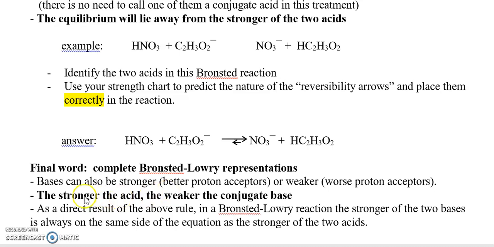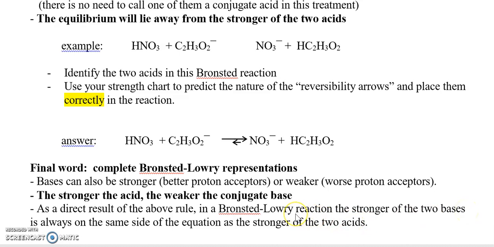But in general, the stronger the acid, the weaker its conjugate base is. And as a direct result of that, we can make a simplification that you will use in today's assignment. And that's that whichever side of the Bronsted-Lowry reaction has the stronger acid, that will also be the stronger of the two bases.